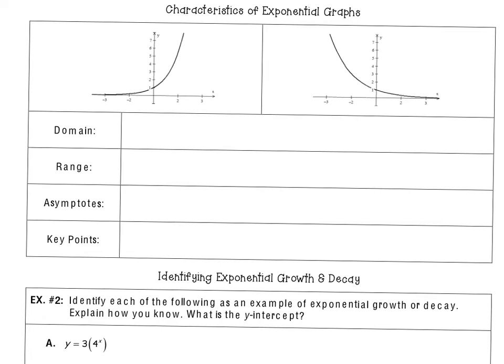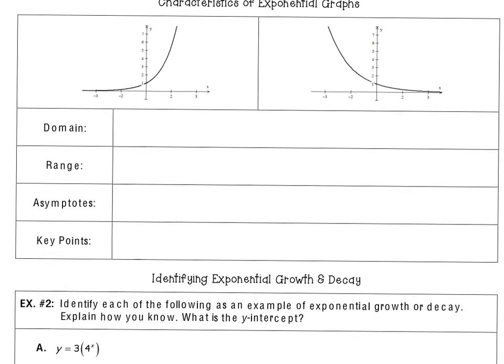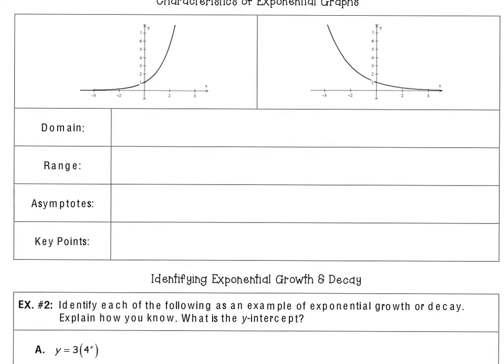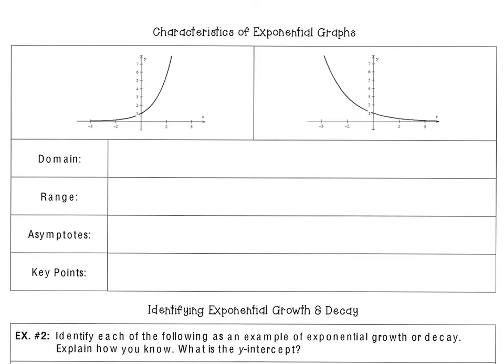All right, so you're still going to have to talk about domain and range and asymptotes and all that fun stuff on here as well. And as we talked about, your domain goes from negative infinity to positive infinity. This graph is going to cover the entire x-axis. I can put any values I want in for x, that exponent.